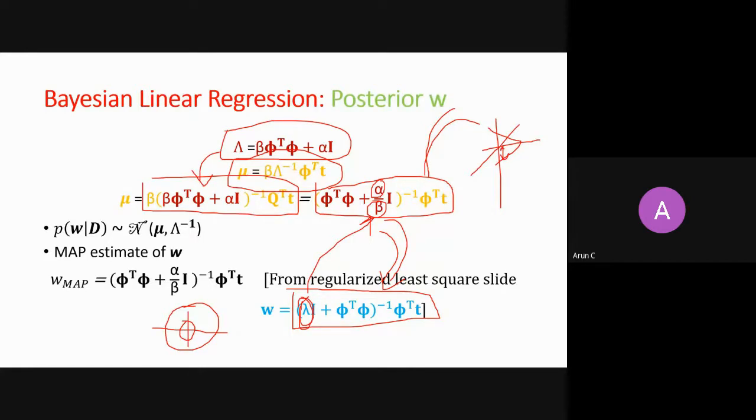So if somebody asks you how you should take lambda, it is a ratio of two parameters, alpha by beta. Beta models the inherent noise in your data set, and alpha comes from the prior you have taken. If you divide alpha by beta, you will get that lambda, right?